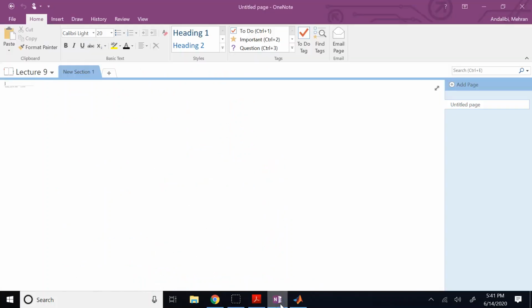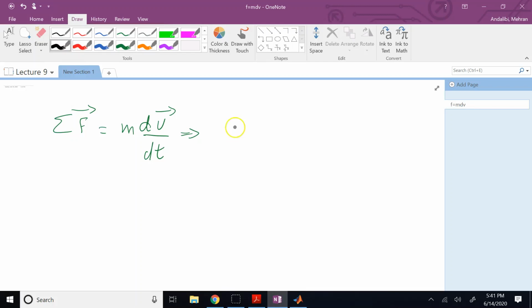So if you want, I can write it here for you, if it's not as easy to follow, basically Microsoft OneNote writing compared to following a PDF. So we started from here, then we applied a dot product to both sides.